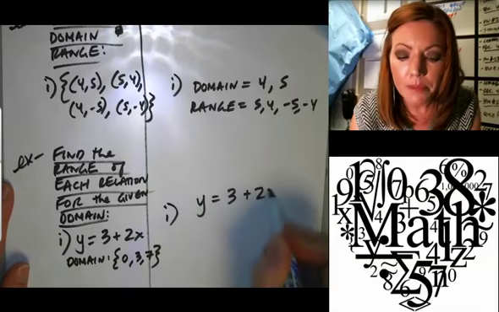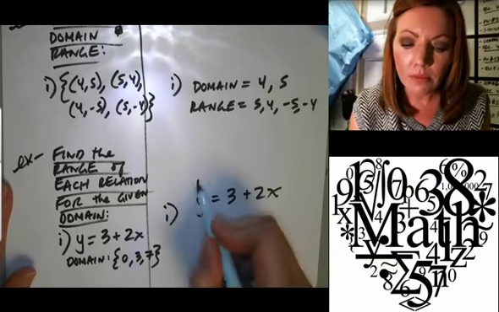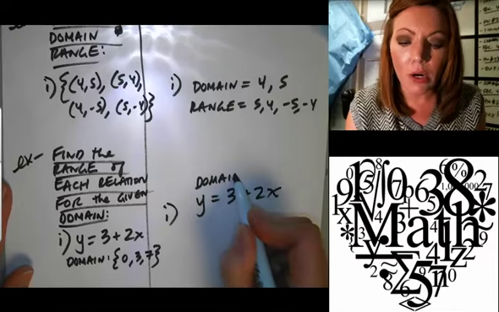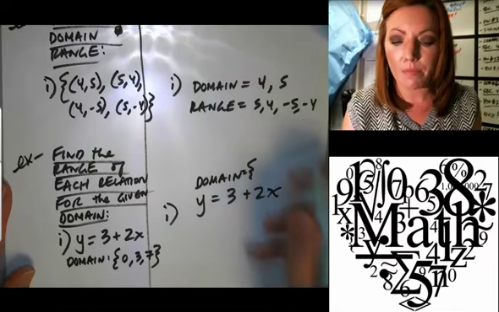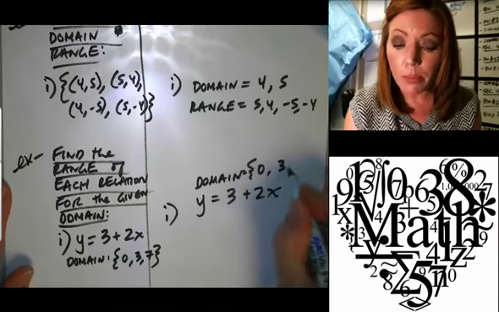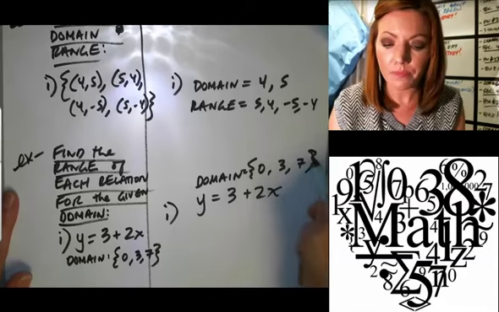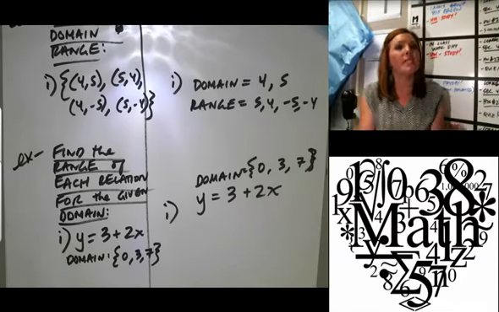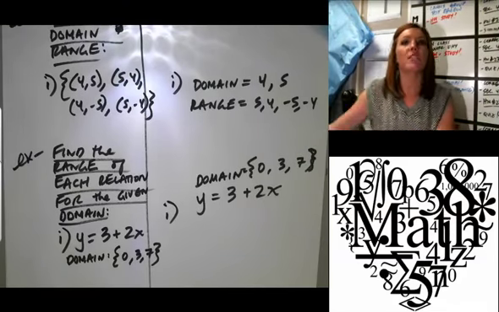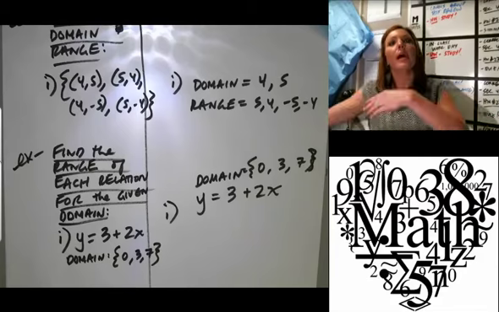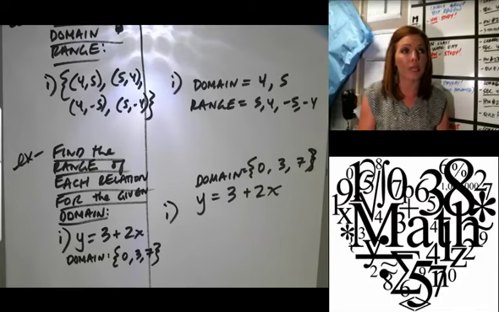If we had a 0 for a domain, and remember, domain represents the x coordinates, what would the y be to go with the 0? If we had a 3 as the x, what would the y be to go with the 3? And so on. Can someone start me out on this?